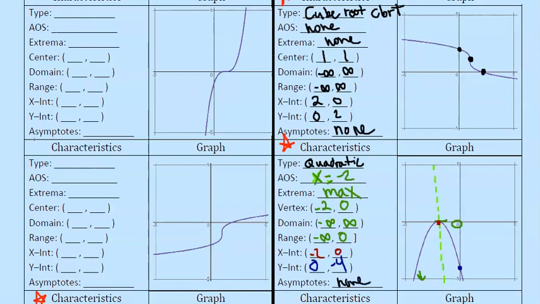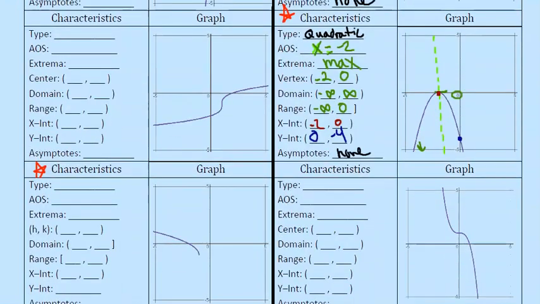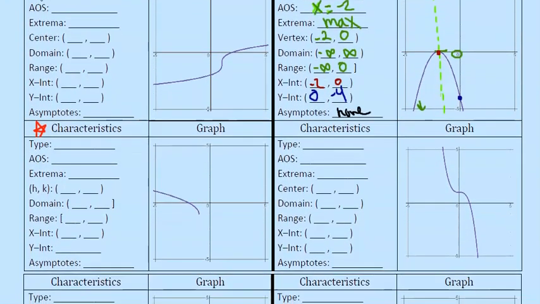Let's look at one more on this page. So if we look at this one, this is a square root function. And the abbreviation for square root is sqrt.